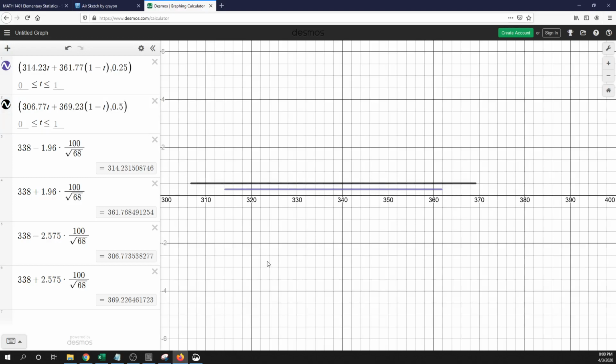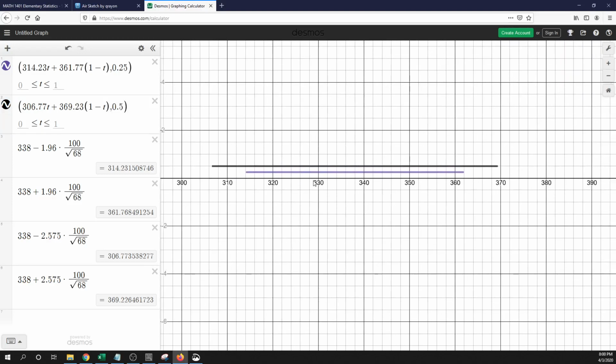Okay. So you can see that's the black interval right here. And again, I just drew it above the x-axis to make it a little bit easier to look at, so you can see where it extends off to. All right, and so again, that illustrates the point that we just talked about.